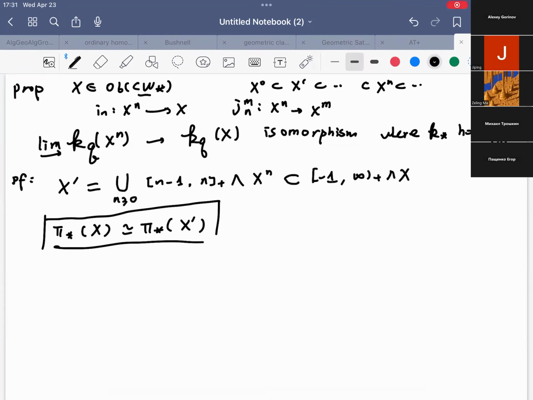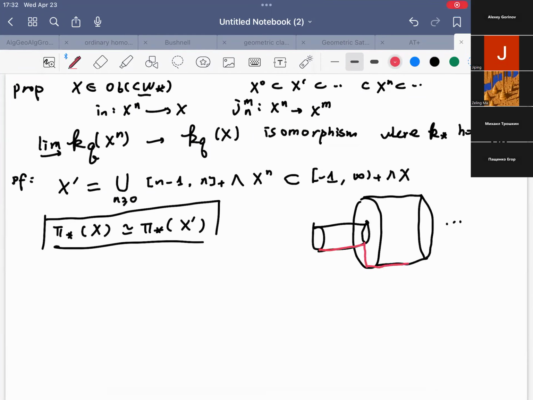Okay, of course. I didn't see the cross product because this isn't a smash product. It looks like you need to do a quotient. And here you need to glue the base point.